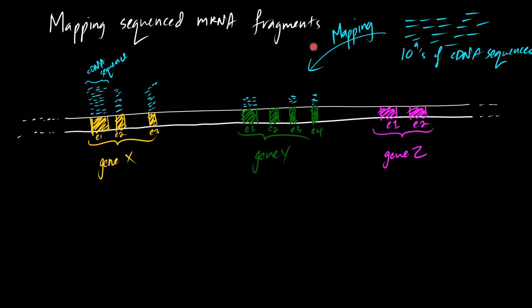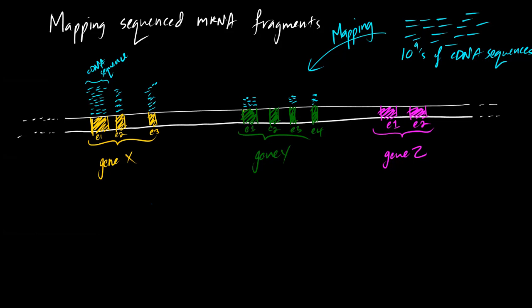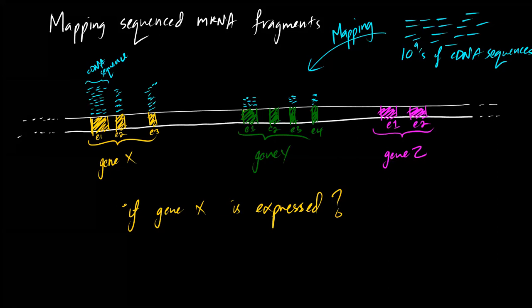So after doing mapping, we could determine if gene X is expressed. We could also determine the level of expression.